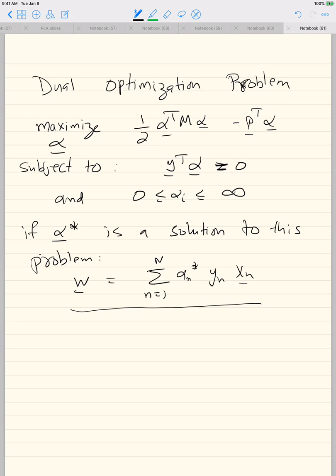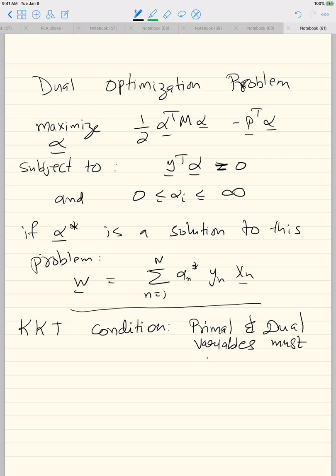There is one more thing that is associated with this method, and that is called the KKT condition for optimization. And it essentially says that in addition, the primal and dual variables must satisfy the following condition. The primal variables are w and b.